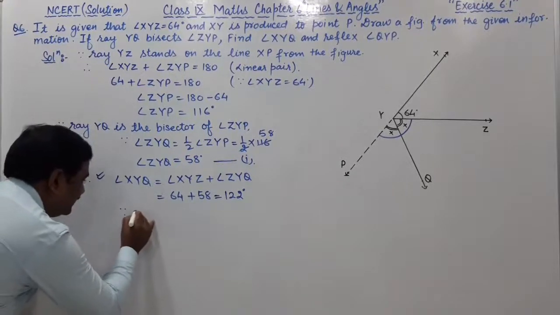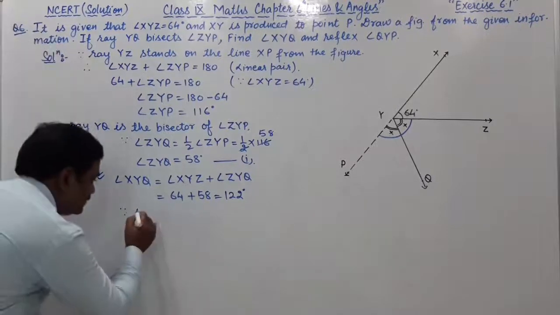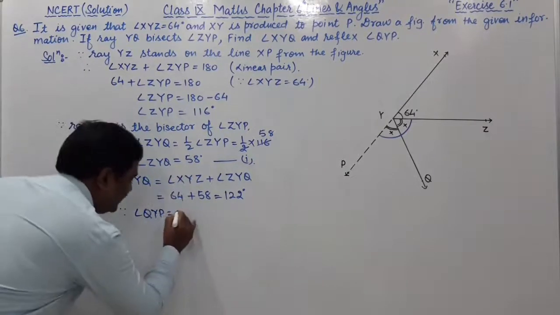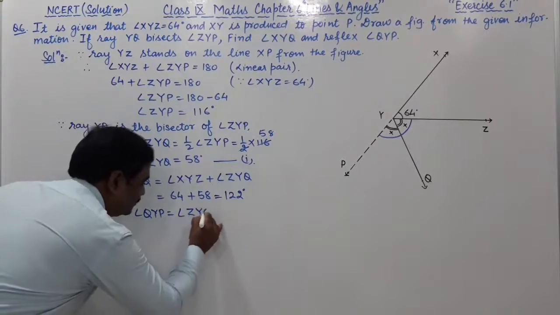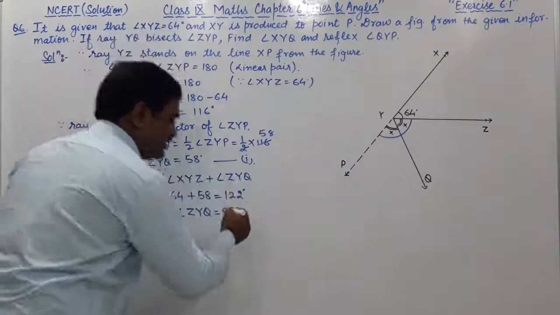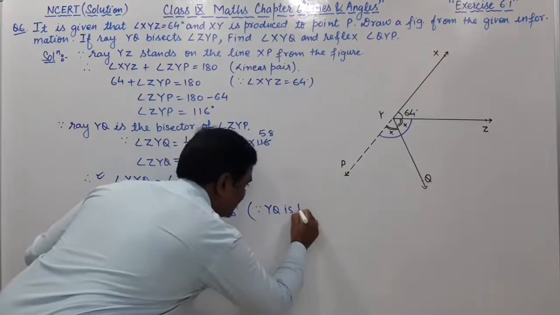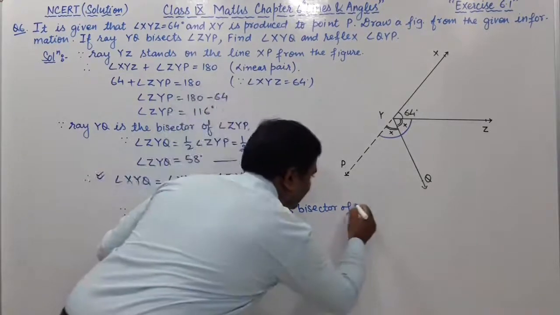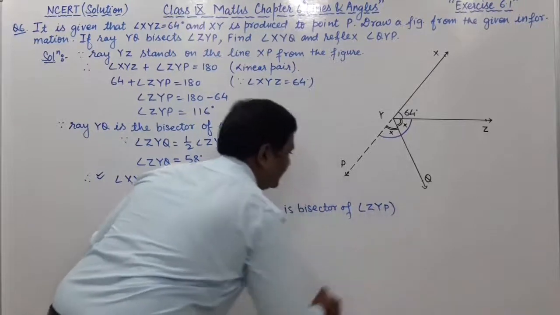Therefore angle QYP is equal to angle ZYQ, equal to 58 degrees, right? Why? Because YQ is the bisector of angle ZYP.